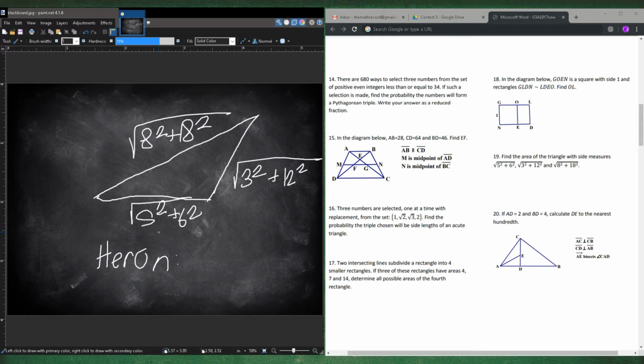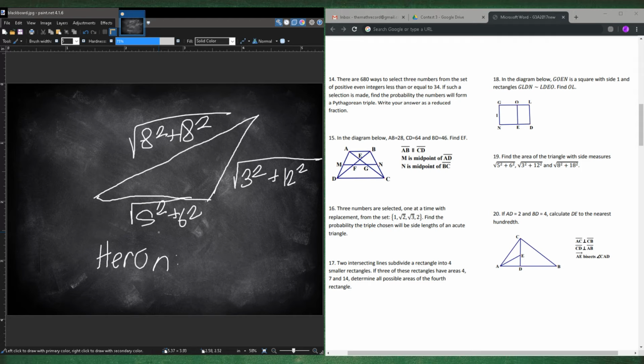Then have that number subtracted by the first number, then that result subtracted by the second number, and then subtracted by the third number.